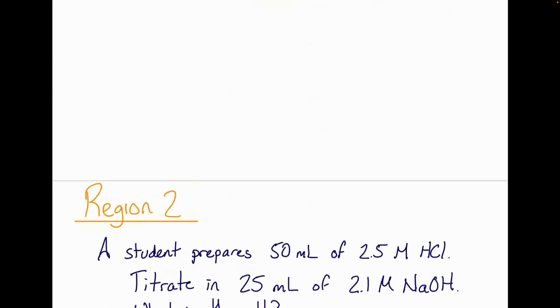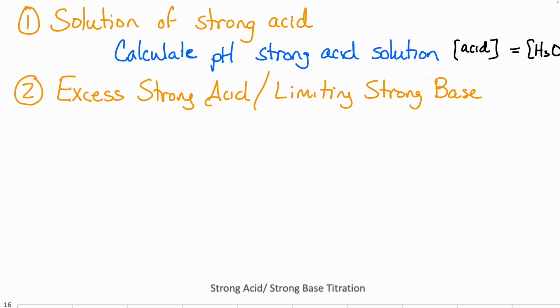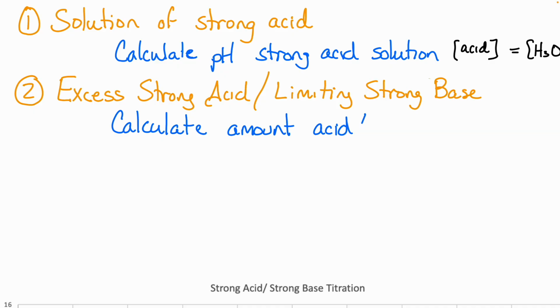Okay? So in terms of our strategy for excess strong acid limiting strong base for region 2, we have to calculate the amount of acid-base reaction. All right, using our ice table.